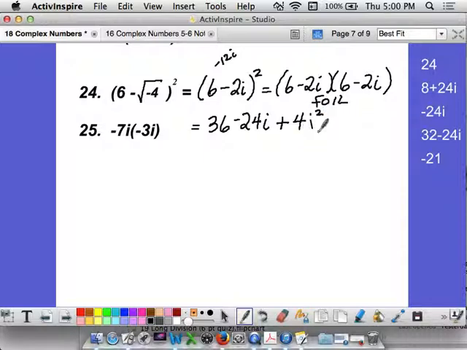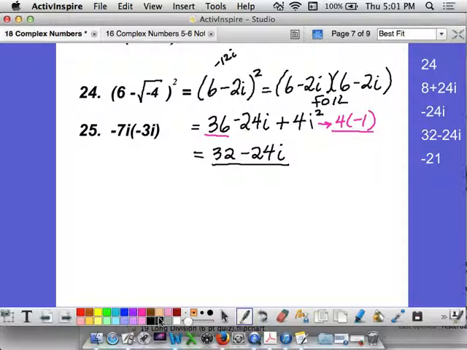But I know that i squared is negative 1. So right here, this is 4 times negative 1, which is negative 4. So here are my real numbers right here. So I have 36 minus 4, which is 32, and then bring down that negative 24i. And this is in a plus bi form. I had already combined my like terms when I doubled it in the middle. So that was square, double, square. I personally like that better than FOILing. And that only works if you have a binomial square.